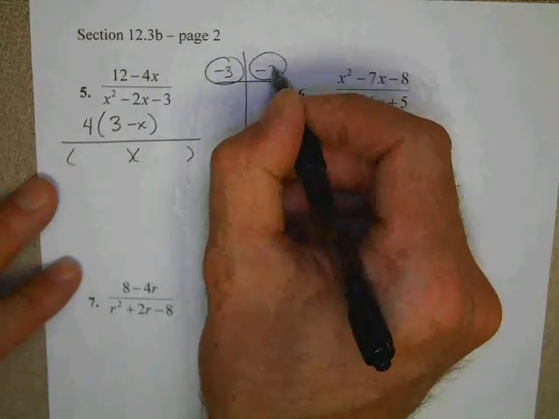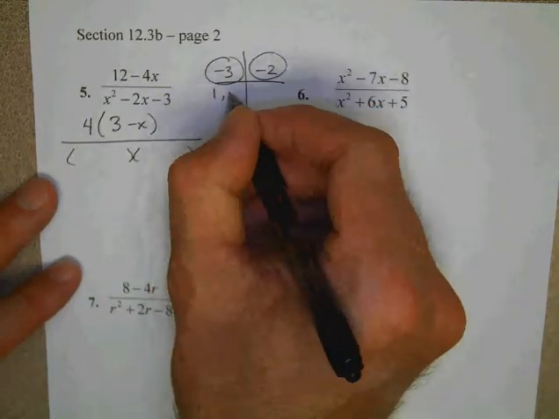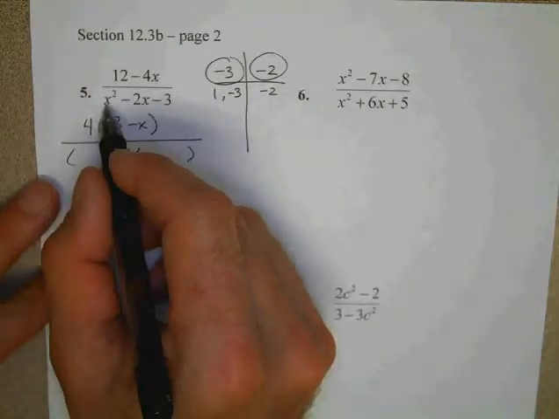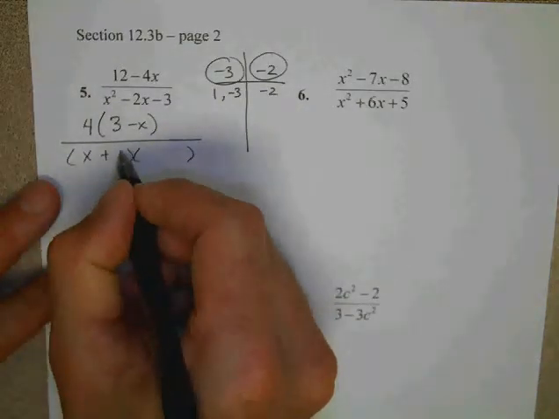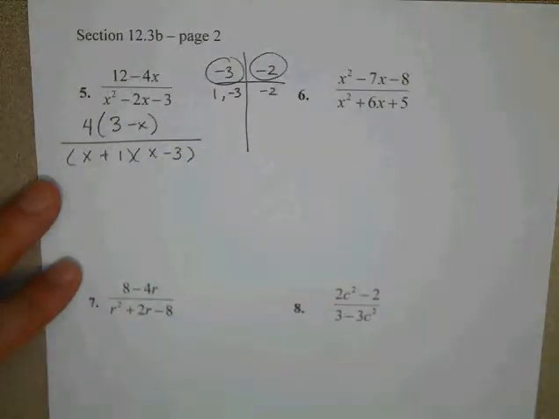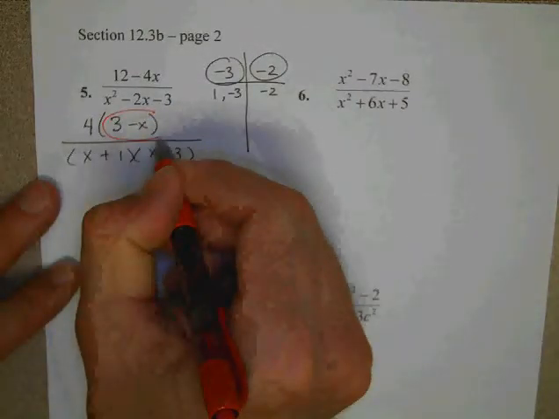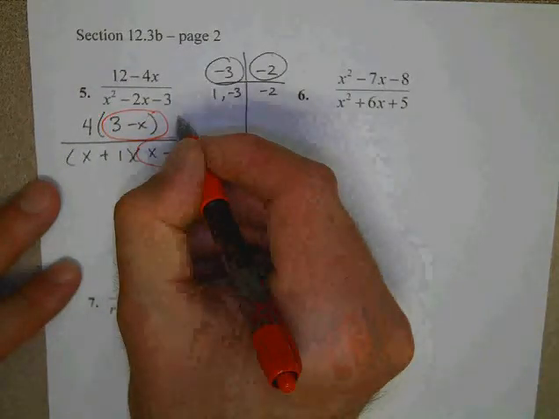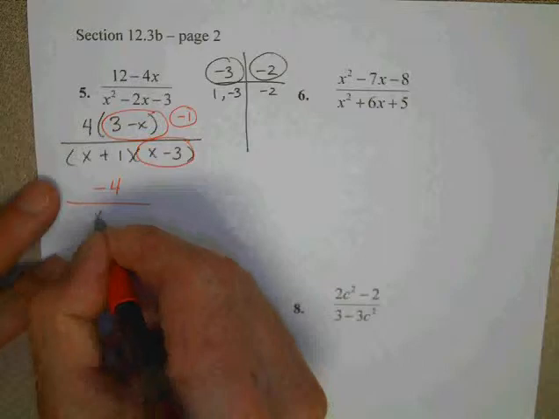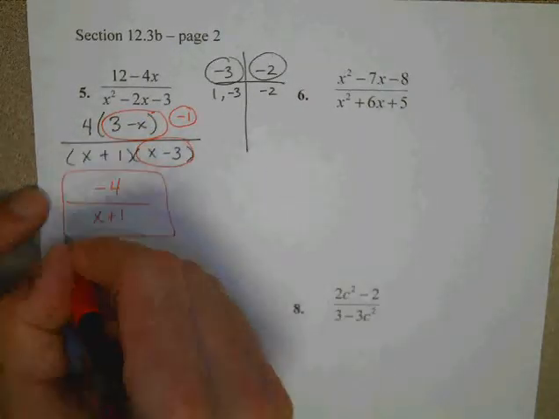Negative 3 and negative 2. 1 and negative 3 add to negative 2. Since it's an x squared in front, that's because it's our shortcut, which is x plus 1 and x minus 3. Those are our two factors. So these two are opposites of each other, and once again opposites cancel to negative 1. So that gives us negative 4 over x plus 1.